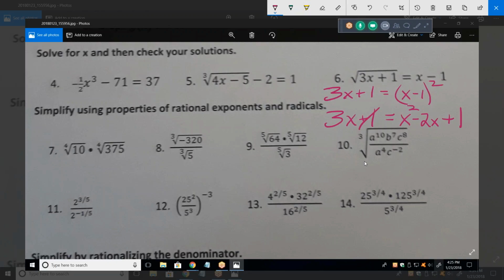Correct. That gets rid of that one and that one. Now I got 3x equals x squared minus 2x. How do I solve that? Divide by 3. No. It's important to know what you're looking at here. Is this linear?